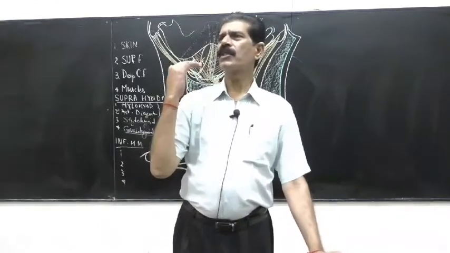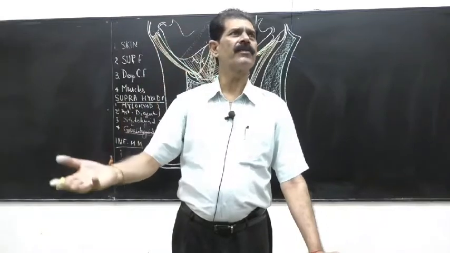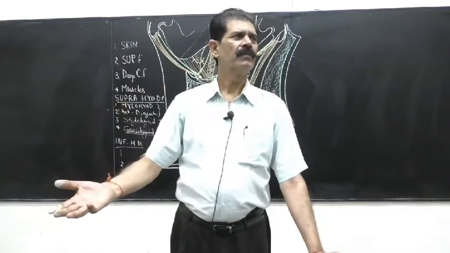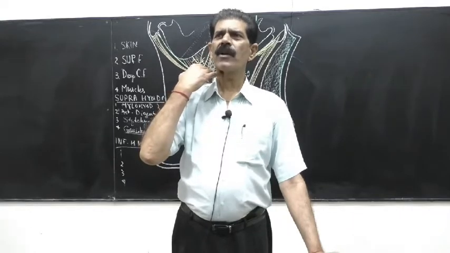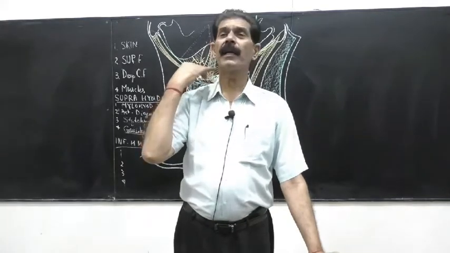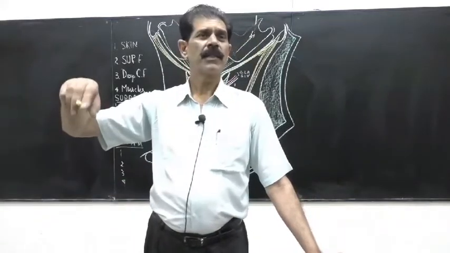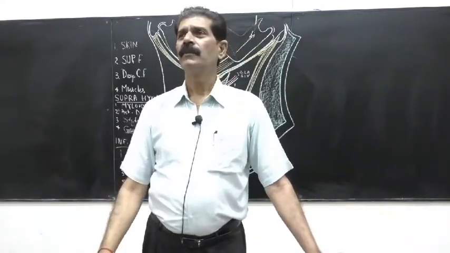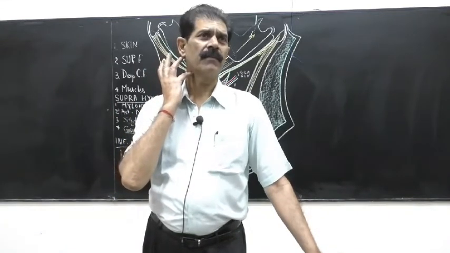Because the neck is the junction where the cranial nerves are ending and the spinal nerve is taking charge of supplying the skeletal muscles. For example, we have seen the nerve supply of sternocleidomastoid and trapezius. Both are supplied by the 11th nerve plus spinal nerves also. Sternocleidomastoid is supplied by the 11th nerve plus C2 and C3.